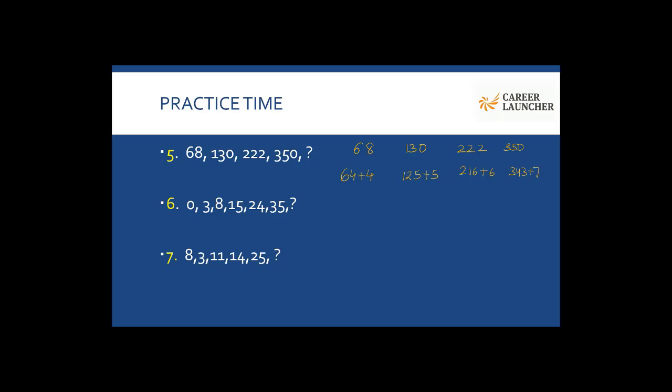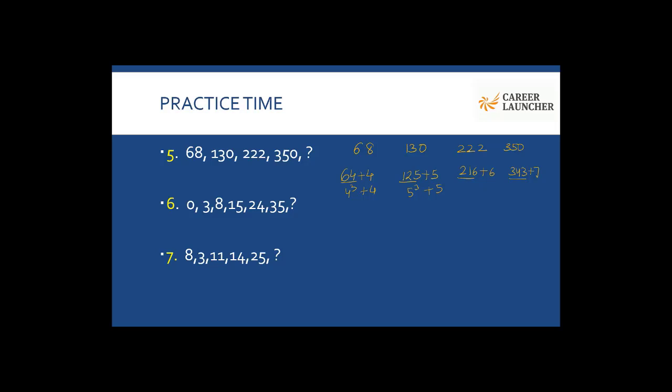Now what commonality can we see between 64, 125, 216 and 343? They are perfect cubes. 64 is 4 cube plus 4, so 68 is 4 cube plus 4. 130 is 5 cube plus 5.